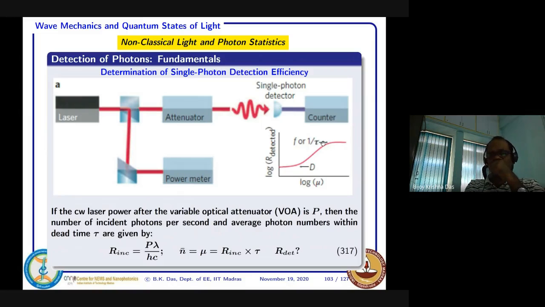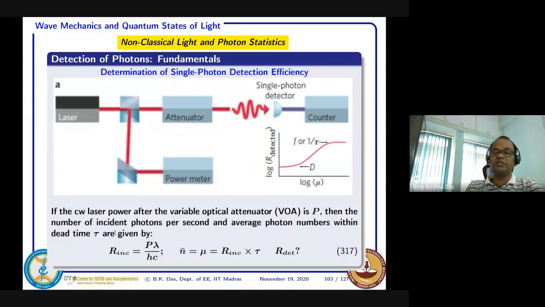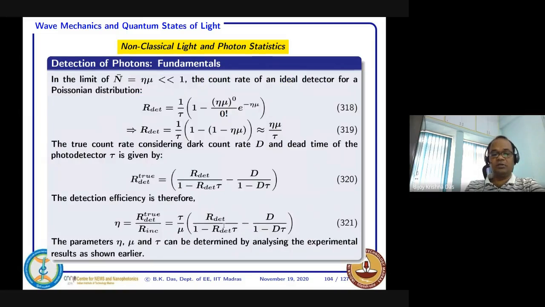So tau is known from the saturation value here, and dark count found here. Then once we know dark count and tau, then whatever the exact measurement value is, with that you can calculate the efficiency. So that was the ultimate goal, to know the efficiency of the single photon detector, photon counter. That is actually this expression.